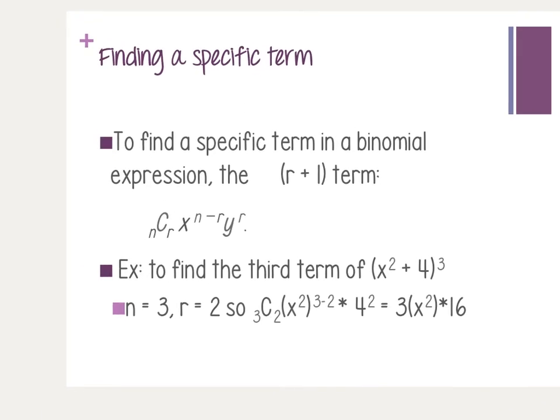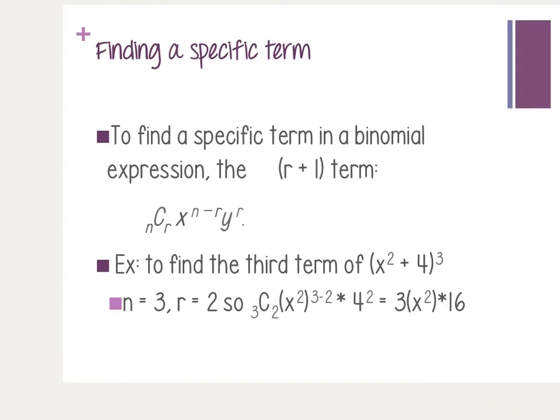So if I wanted to find one term, let's say the 3rd term, because if you think about it, it's 0, then 1, then 2. That 3rd term is really an exponent of 2, which is where this r plus 1 comes from. So if I'm looking for the 3rd term, your r is 2.